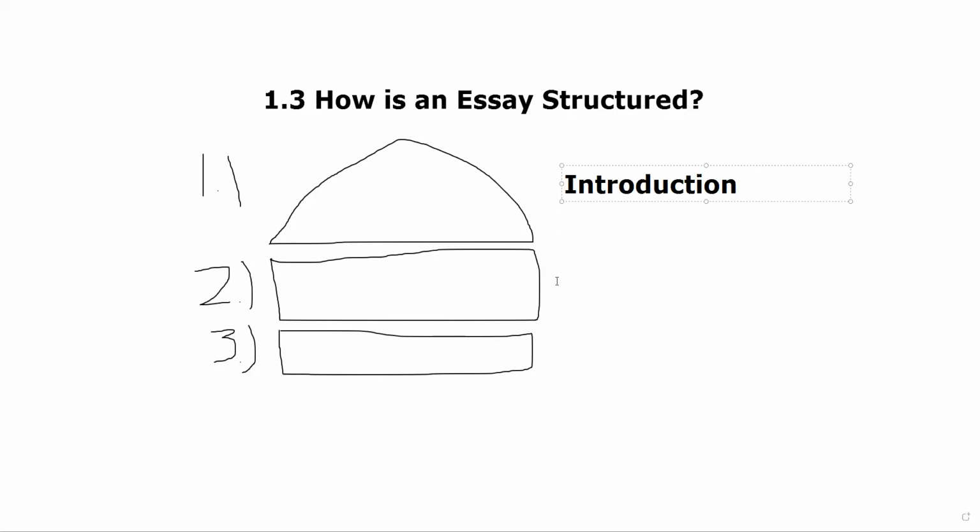The second constituent part of an essay is what is known as the body. In the body is where we would typically find our supporting details, pieces of evidence, and other critical, more detail-specific information that we're going to use to elaborate and flesh out our topic.